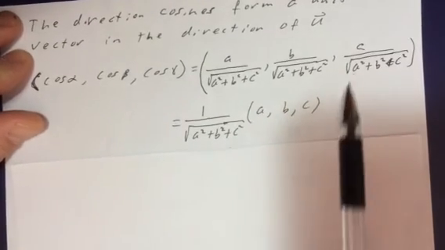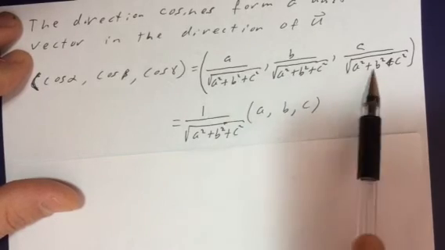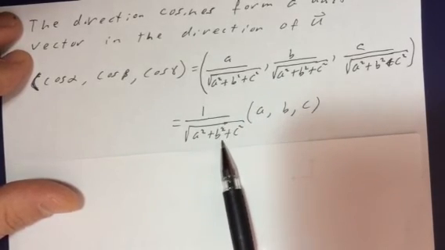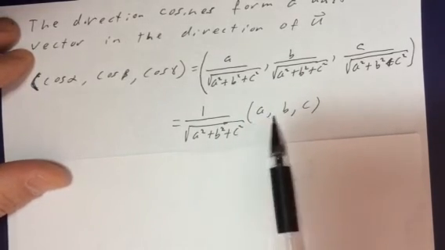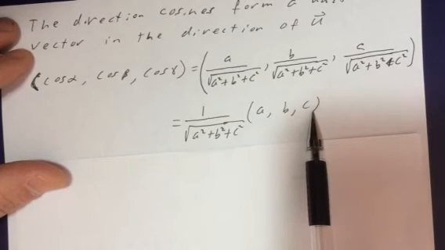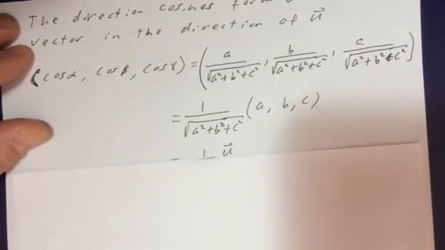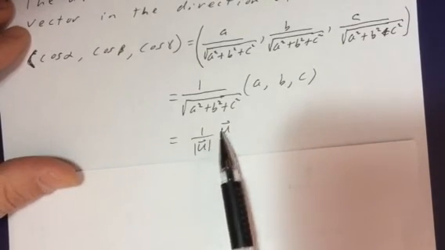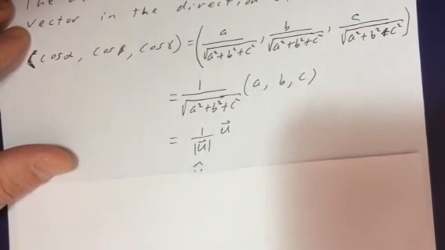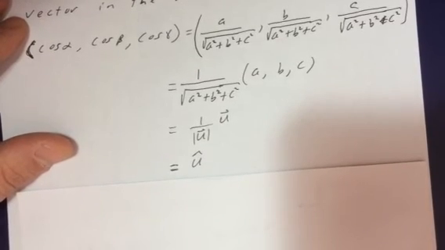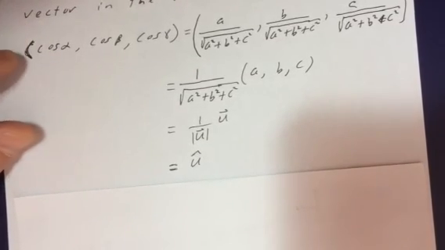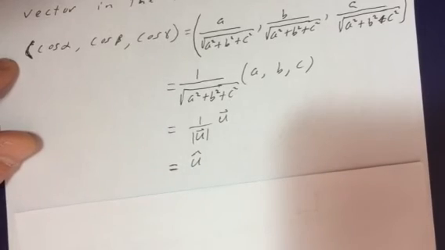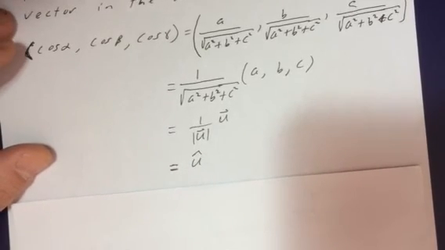We can factor that constant factor out, which is 1 over the magnitude of u, and then we have the vector u again. So 1 over the magnitude of u times vector u, that's defined as the unit vector u. So the direction cosines form a unit vector in the direction of u.